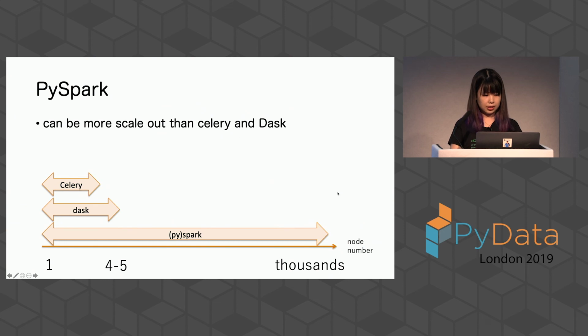This is the scale of Celery, Dask and PySpark. We can use Celery and Dask on one machine to 4 or 5 machines. But PySpark can be used on 1 to thousands of nodes. So PySpark can handle very, very huge data, but Dask or Celery can't handle such huge data.